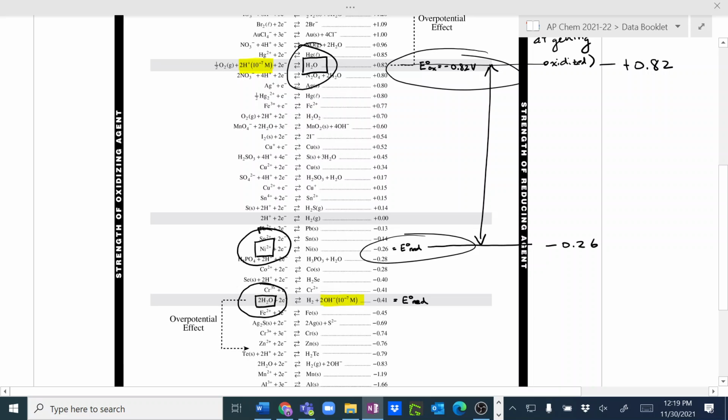You can formalize that by using your E0 cell formula. But sometimes it's nice to just look at the picture and say, oh, my voltage is just the difference between these two. I need to pump the electrons up that high. It's kind of a nice visual.